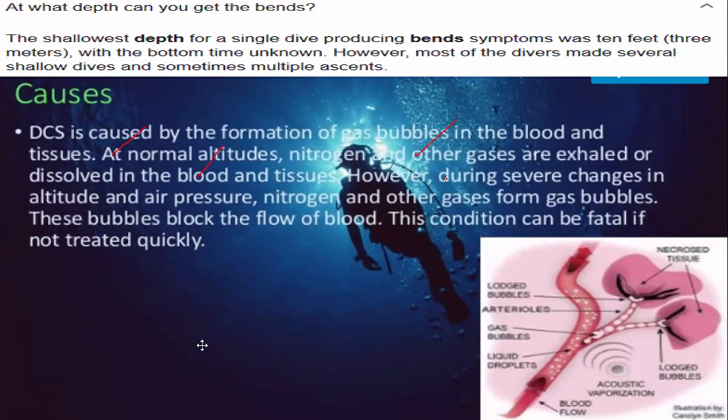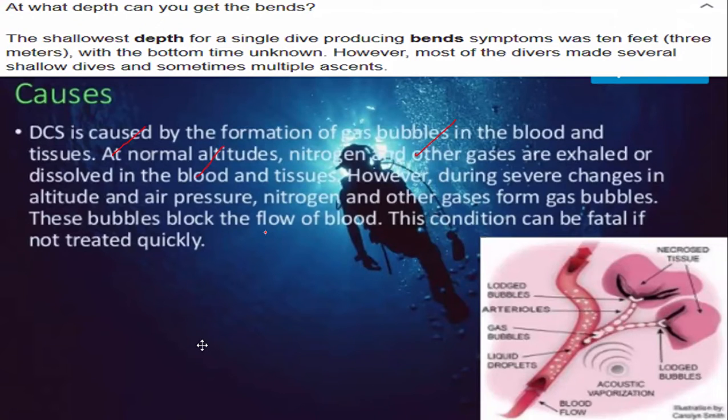However, during severe changes in altitude and air pressure, nitrogen and other gases form gas bubbles. These bubbles block the flow of blood. This condition can be fatal if not treated quickly.